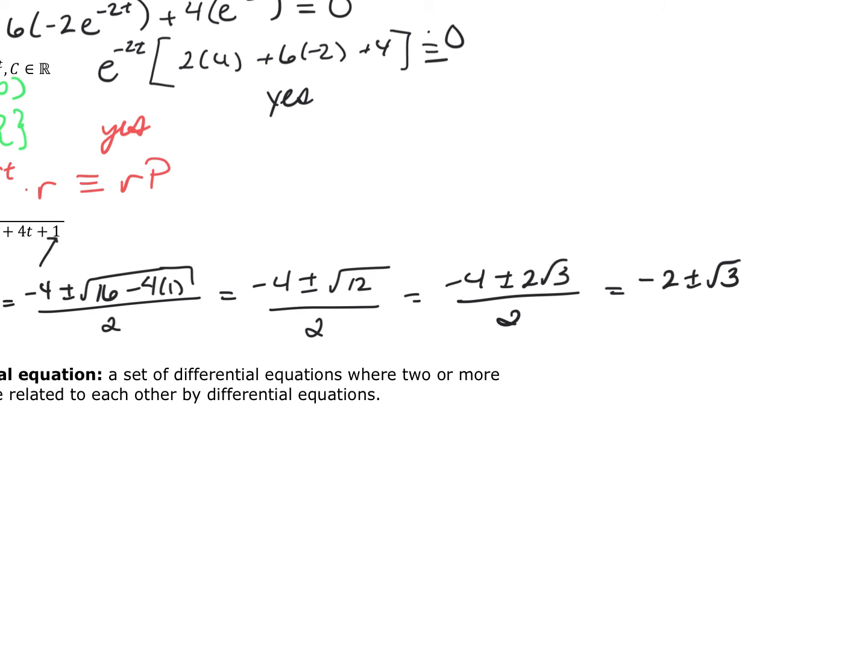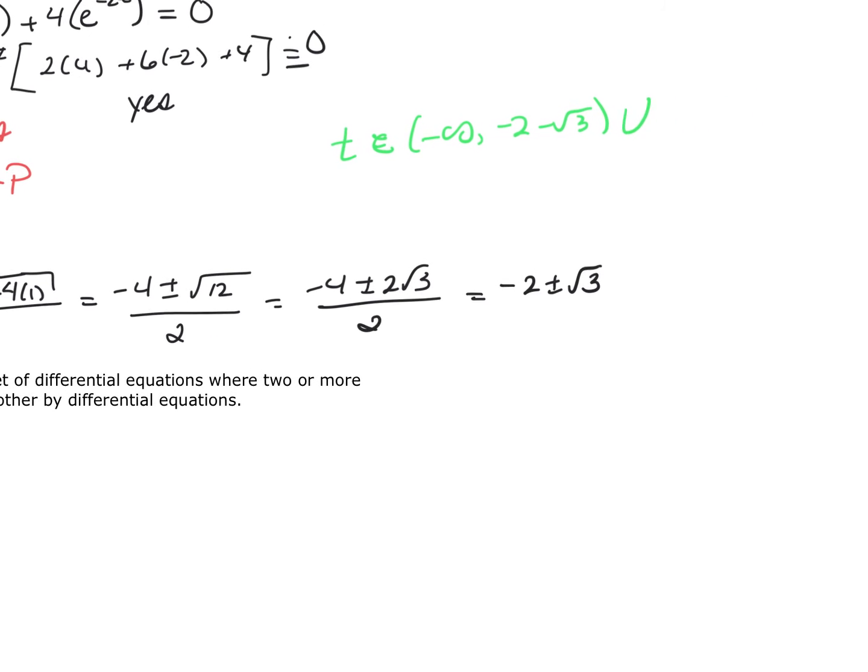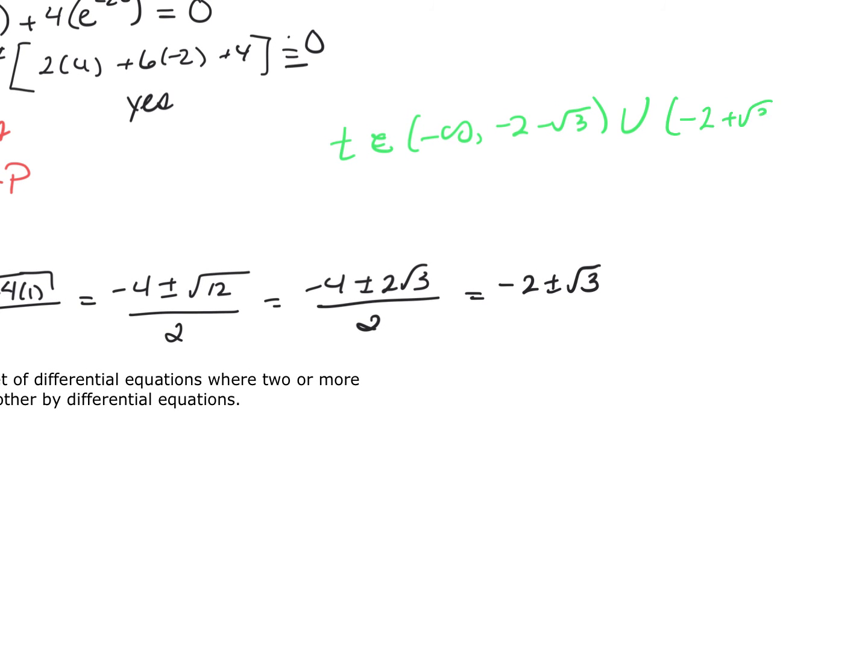Now, because this is an up, up parabola, I want the left side and the right side of those zeros. So t has to be in the interval between negative infinity and -2 minus the square root of 3, unioned with -2 plus the square root of 3 and positive infinity.